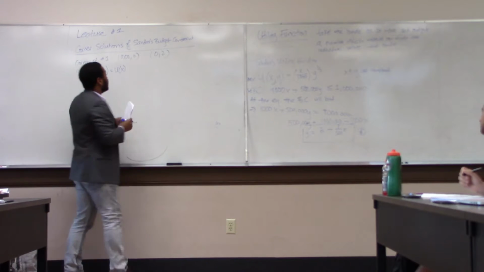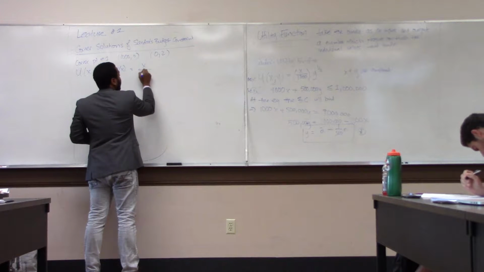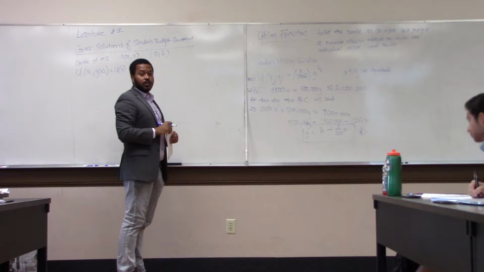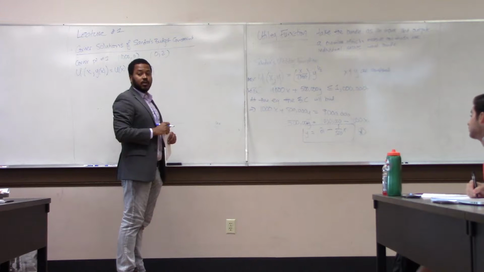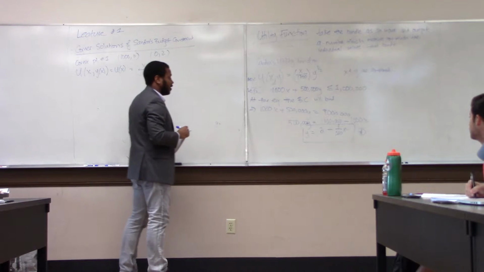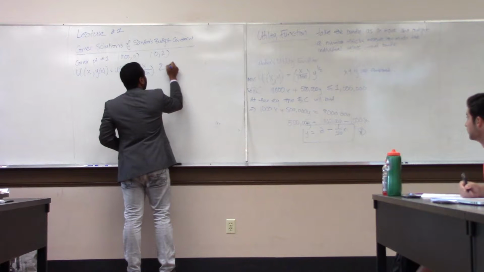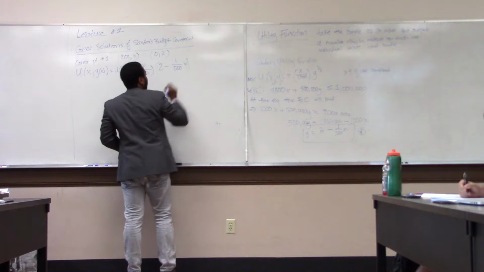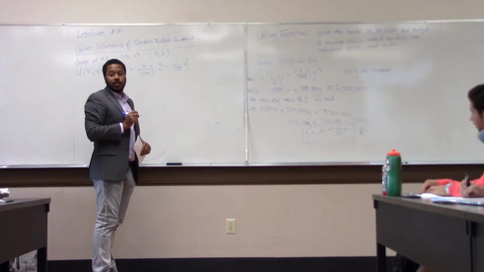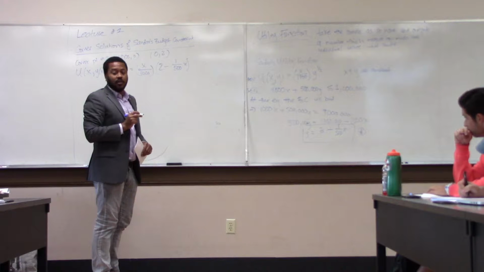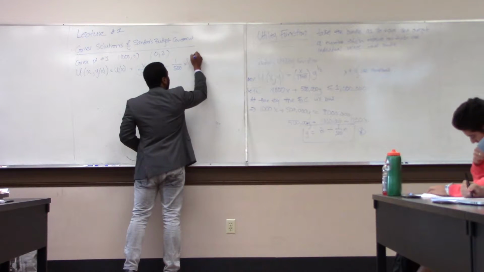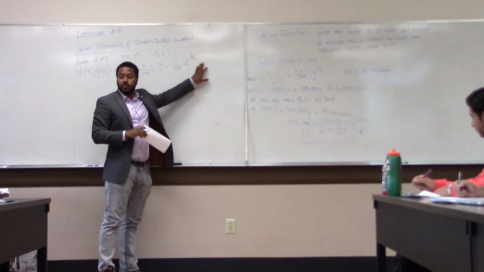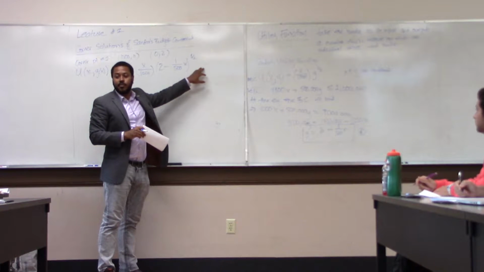And when we do that, we're going to get what? x over 1,000 times what? 2 minus x over 500, to what power? The 1/2, right? And we can solve this. How would we solve this for the maximum?